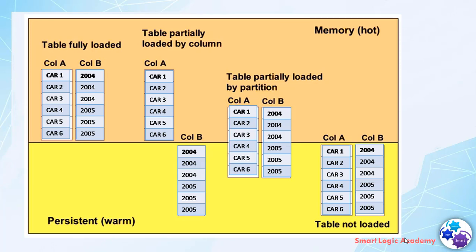Column tables can also be partitioned, and SAP HANA can load only the required columns and partitions to the main memory. This is advantageous because it helps to leave the unwanted columns and partitions in the persistence layer. Now I hope you understood what is in-memory database, what is dynamic tiering, and what is hot data and warm data.